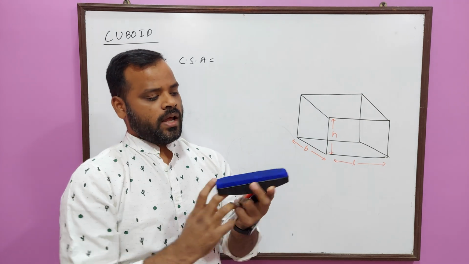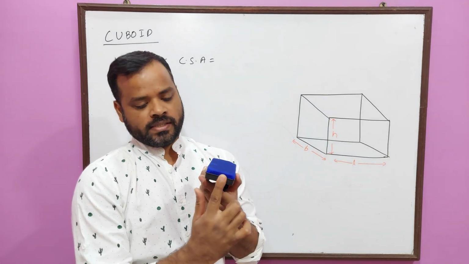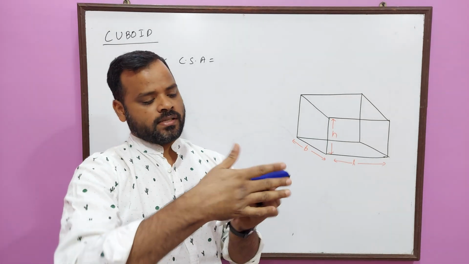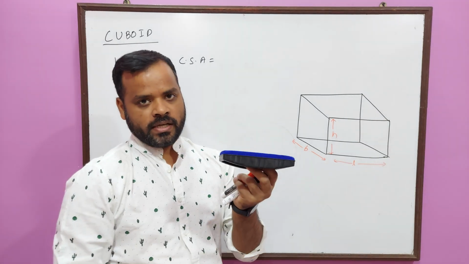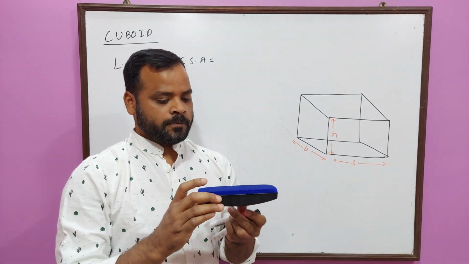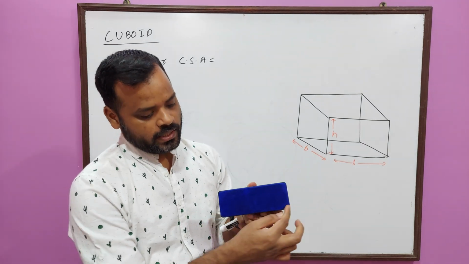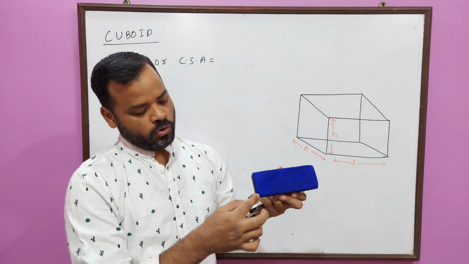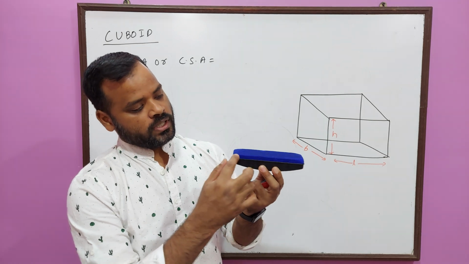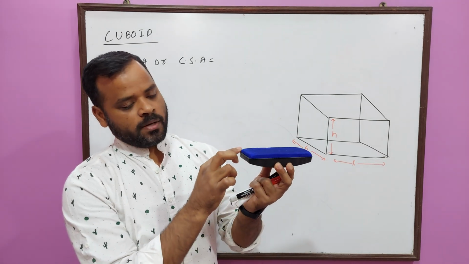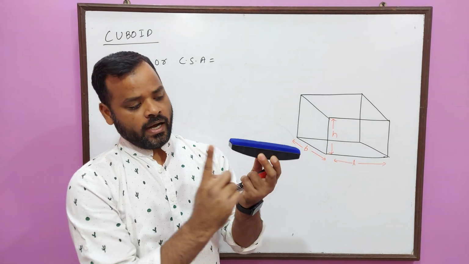This side face and this side face will be the same, and this side face and this side face will be the same. So look here, you have to go to a corner. This is the length, this is the breadth and this is the height.